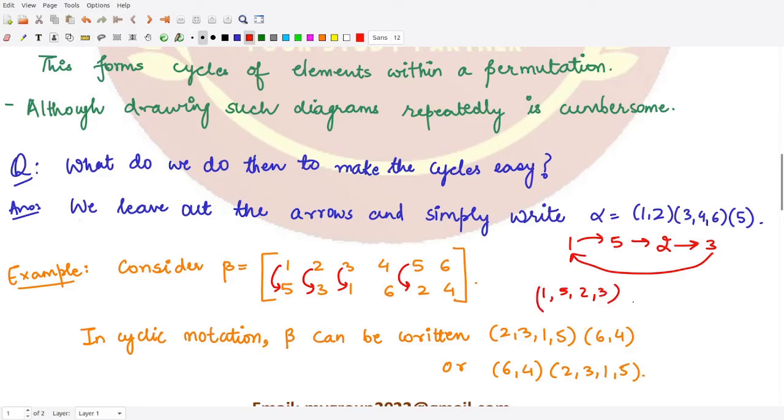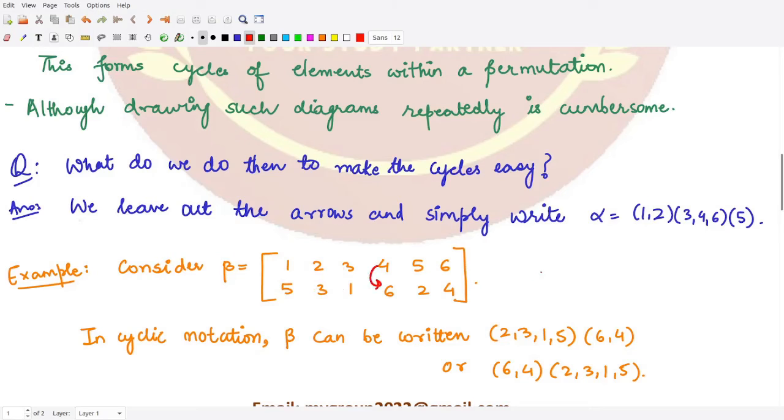Here the order does not matter. If you start from the number 2, you will get 2, 3, 1 and 5, because it is a cycle. For the next cycle, let's see which elements are remaining. We have 4 going to 6 and 6 going to 4.